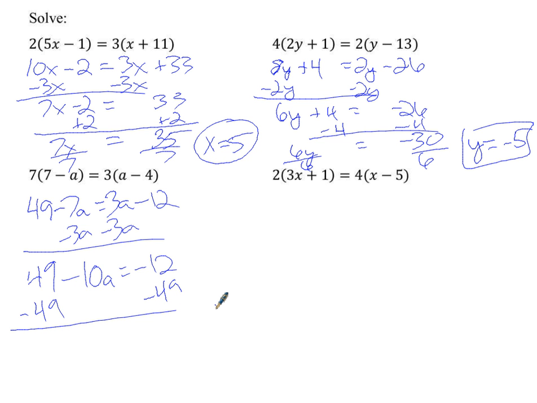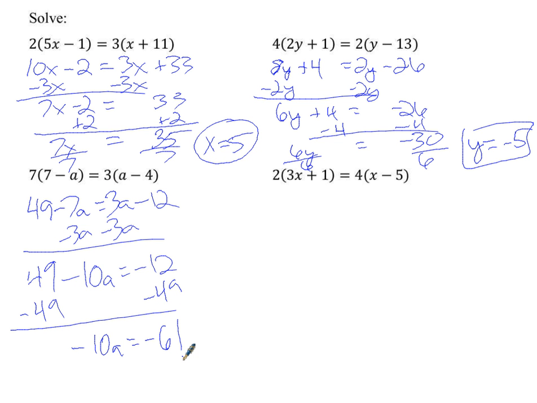And what do I get? On the left I get negative 10a equals negative 61.